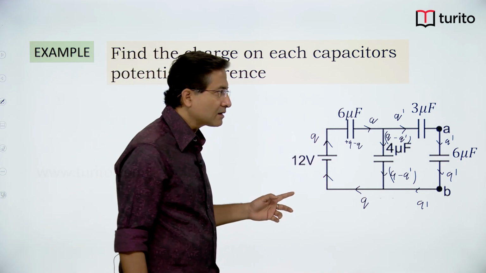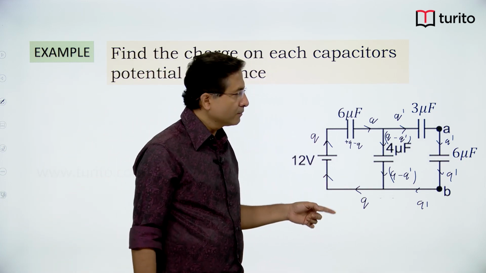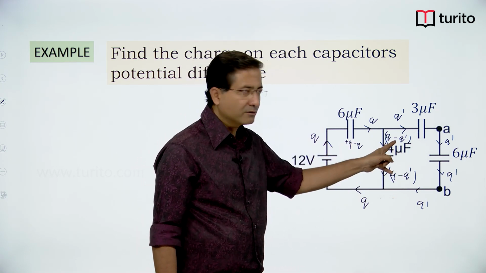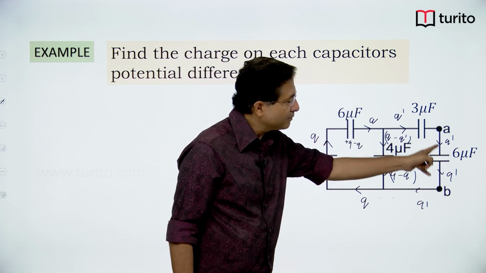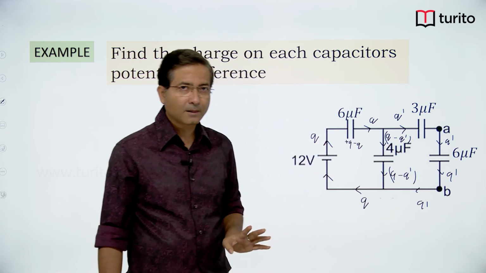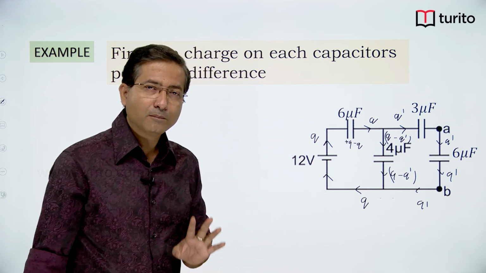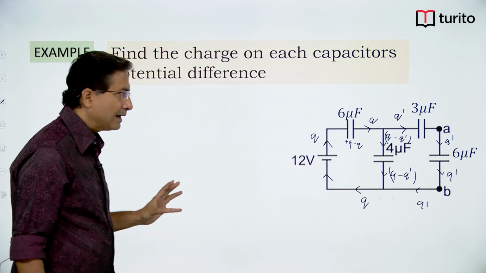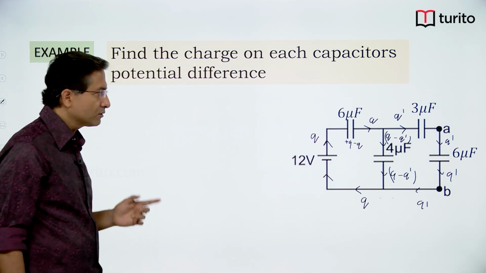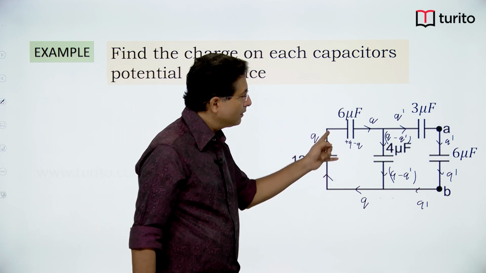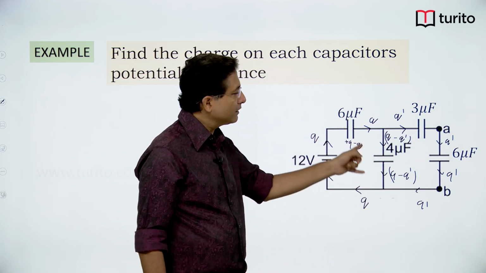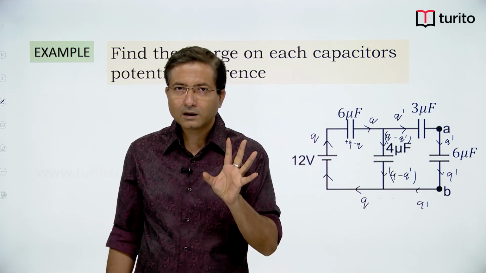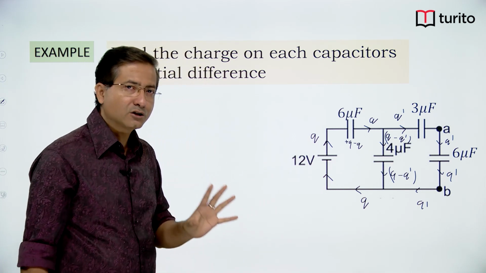So, here if I ask how many equations you can make, as you can see we have got one loop here, first equation, one loop here, second equation, and then I can see this bigger loop, so I can make 3 equations, but I do not have to write all 3 because our requirement is only 2 equations. So, any 2 equations will do, whatever you like. You can take this loop and this loop, or this loop and this loop, any 2 loops you select to write Kirchhoff's law.